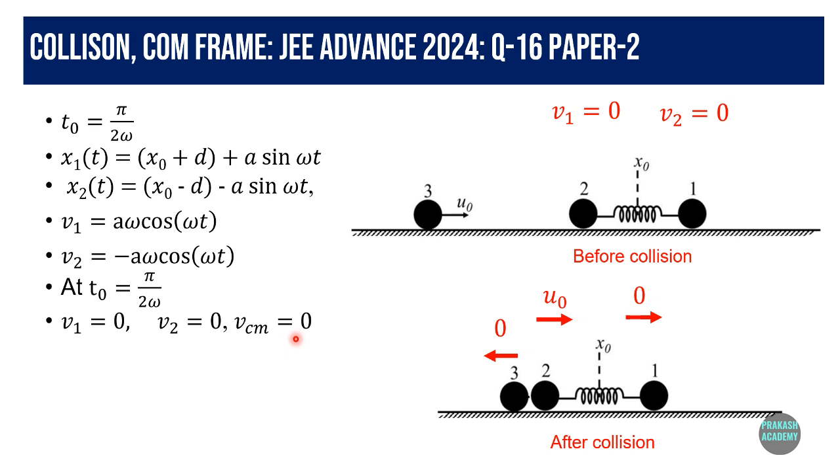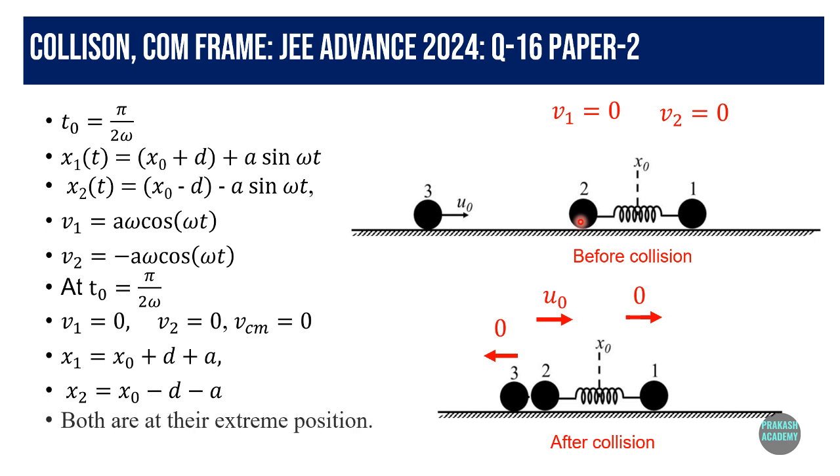Basically I know the velocity of center of mass, that is 0. This is one extreme position and this is another extreme position. So this is the position of x1 and this is the position of x2, that is particle 2 and particle 1. So both are at their extreme position.